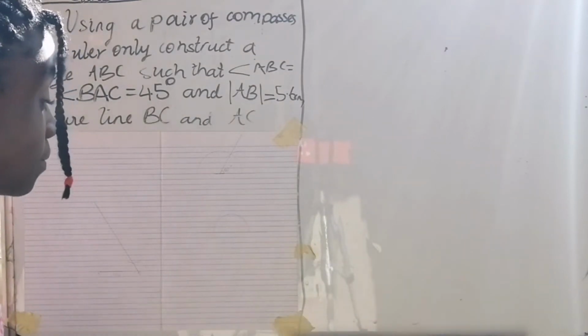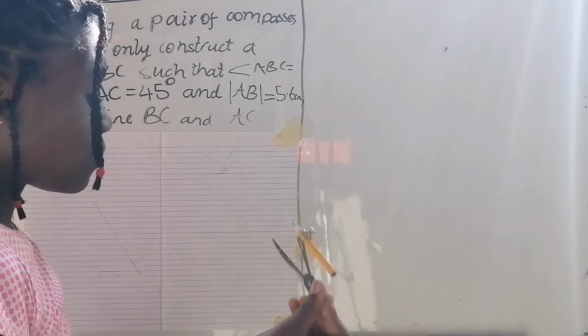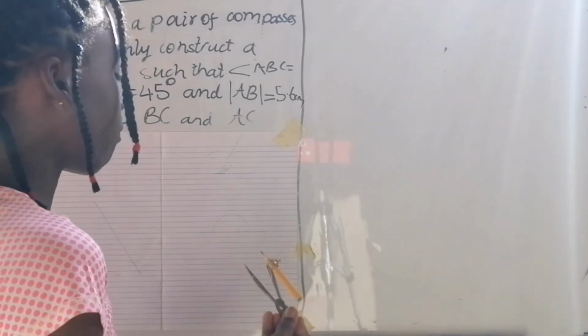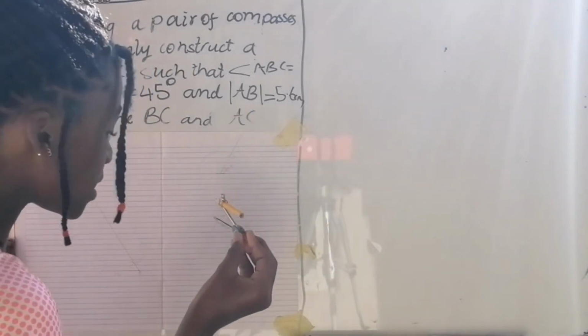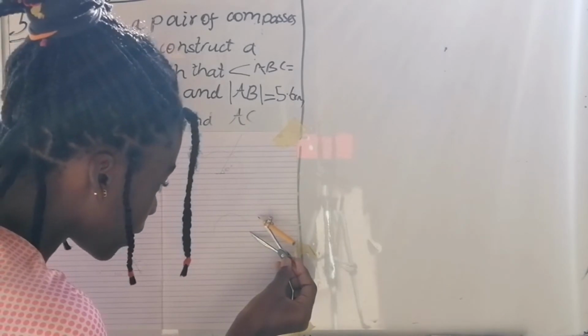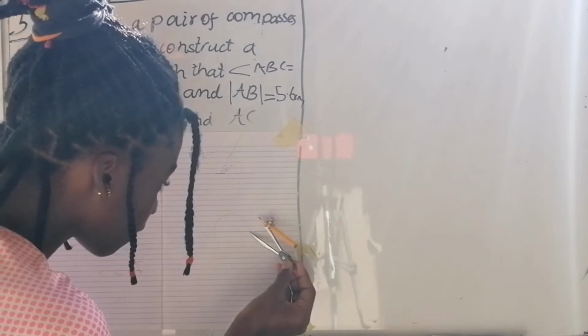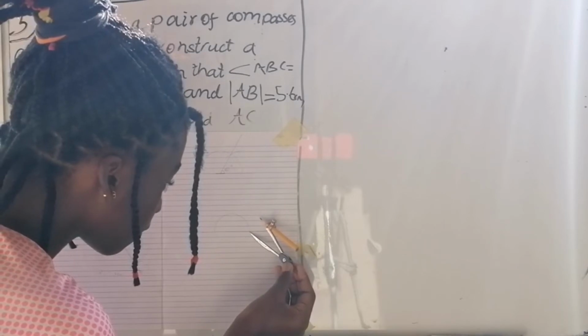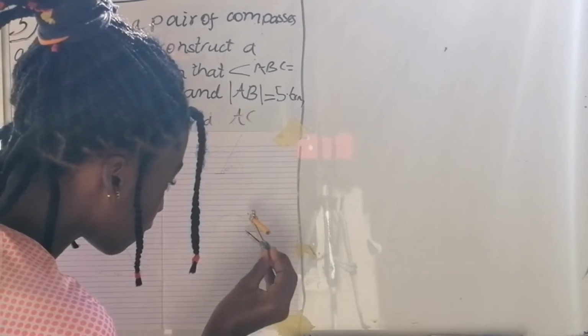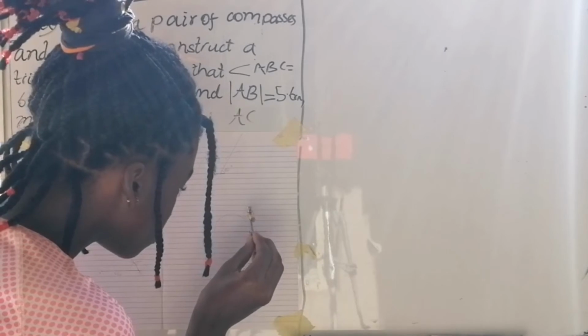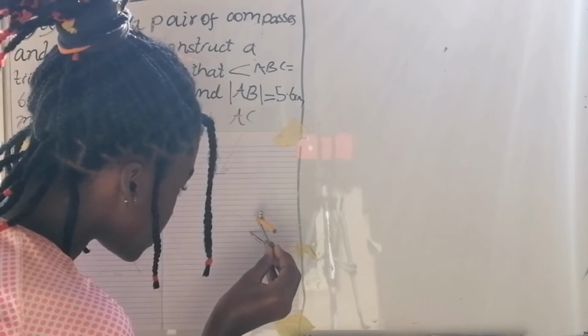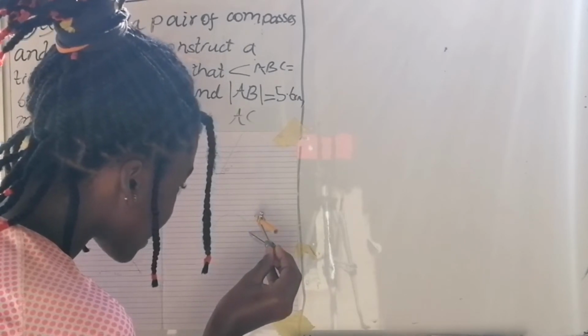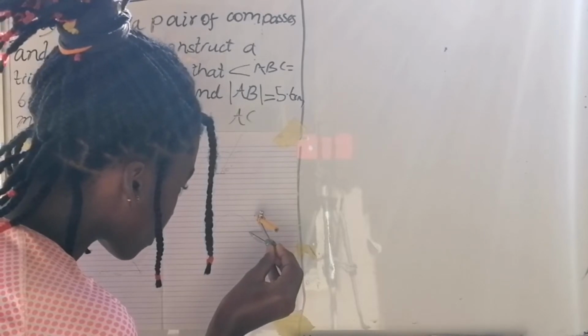That touches the straight line. So now that I've done that, I do not change this. So I place it on this point here. Sorry, this might take time, but it's all about the accuracy.